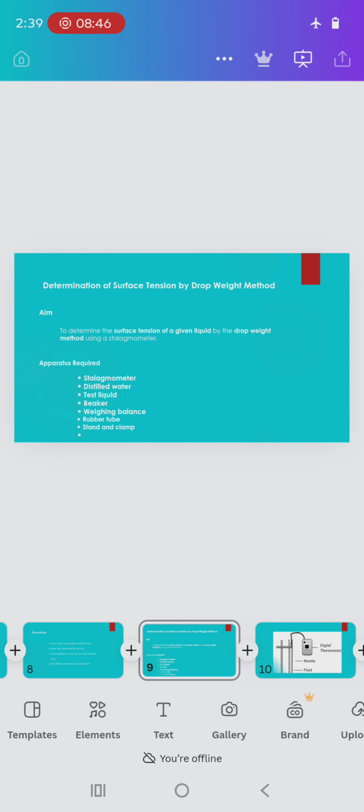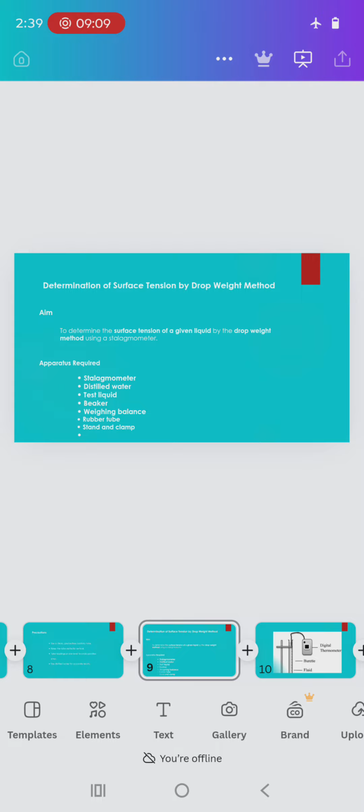Then I will explain the second experiment, the determination of surface tension by the drop weight method. What is the aim?